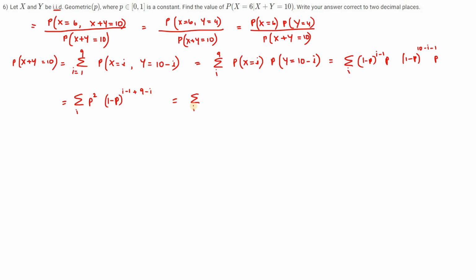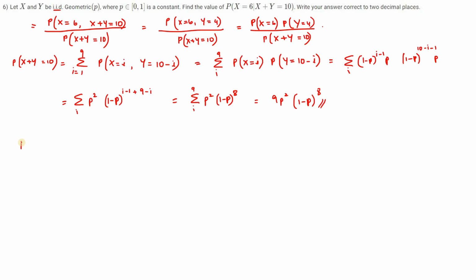Sigma of I p square into 1 minus p whole to the power of 8. Since there is no I term involved here, I'll just have to sum this particular term 9 times, which is nothing but 9 p square of 1 minus p whole to the power of 8. So this is the value which will go to the denominator of this particular fraction.